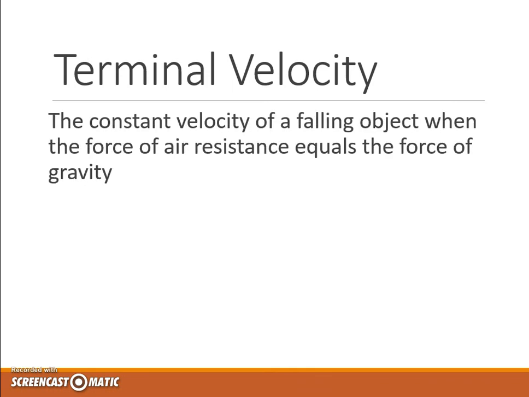What that is defined as is the constant velocity of a falling object when the force of air resistance equals the force of gravity. So what's pulling you down, the gravity that's pulling you down, you also have that same amount of air resistance pushing you back up. And if you'll notice, these two arrows are the exact same size. So keep that in mind for terminal velocity. So you've reached the fastest speed that you can go at that point.